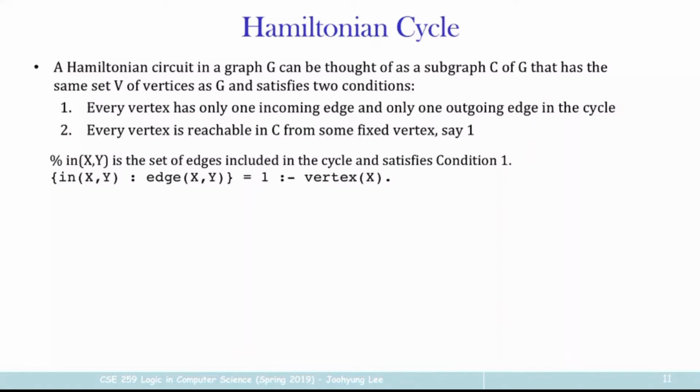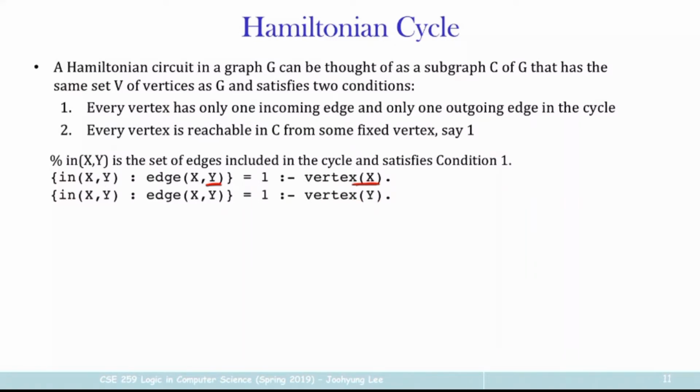Think of the vertex as giving the domain and the edge giving the range. For each vertex, choose exactly one Y and put it into the in predicate. In English, this means that for each vertex there is only one outgoing edge.